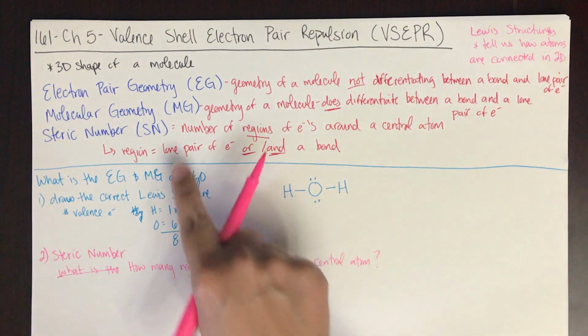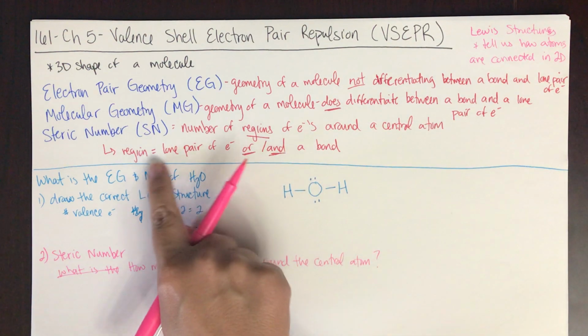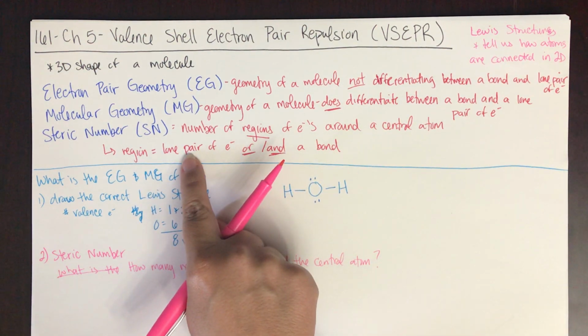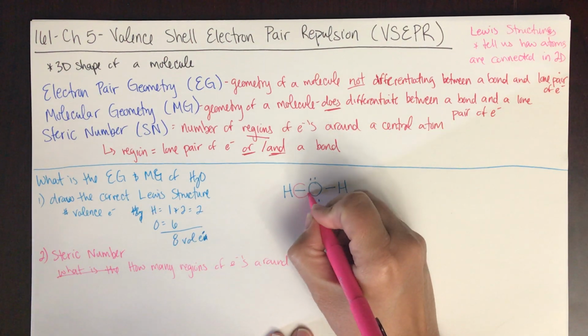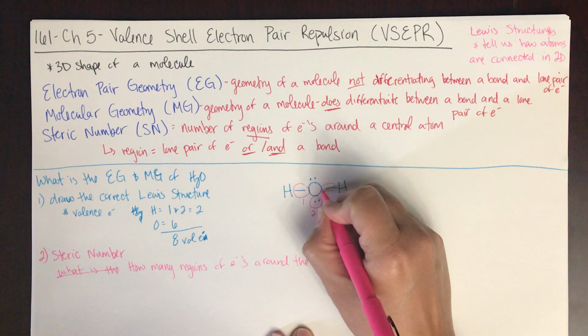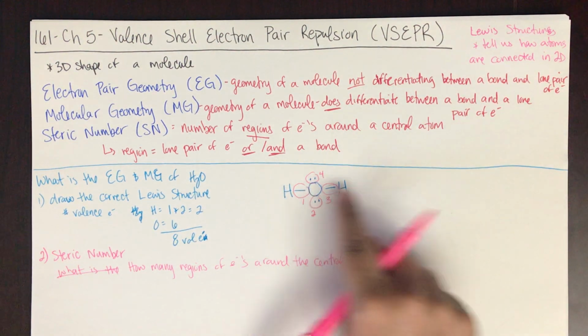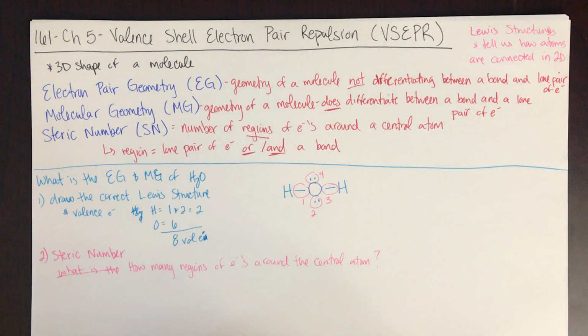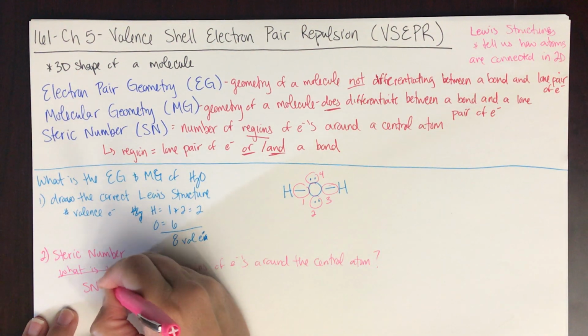Okay, so we said that the steric number is the number of regions of electrons around a central atom. A region is a lone pair and a bond. So this is a region, I'm going to say 1. This is a region, 2. This is a region, 3. This is a region, 4. Bonds and lone pairs both count equally as regions of electrons around that central atom. So the steric number equals 4.